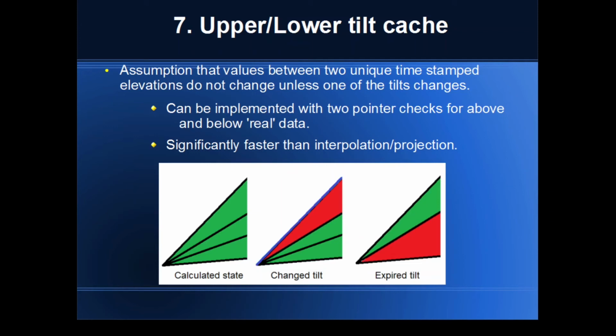The green represents data that's been calculated. If the top tilt changes, you only need to recalculate the values between that top tilt and the one below it, so the area in red. And if you have an expired tilt, say the second tilt up from the bottom expires, you would now have to calculate that area. This reduces the amount of calculation that has to be done whenever an incoming tilt comes in.